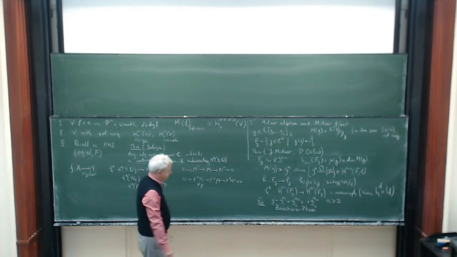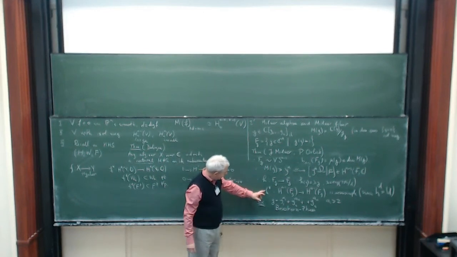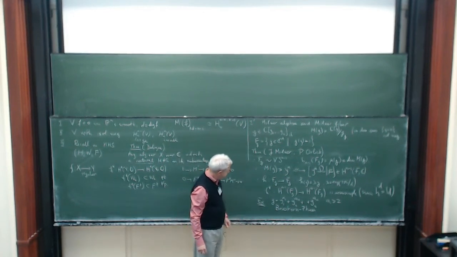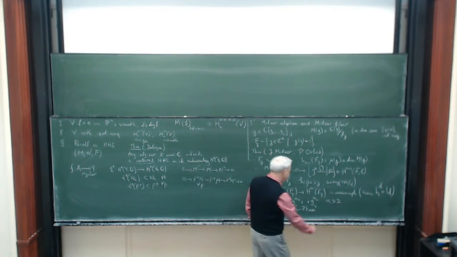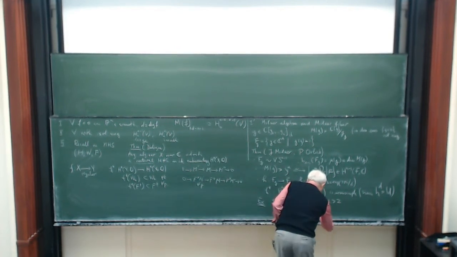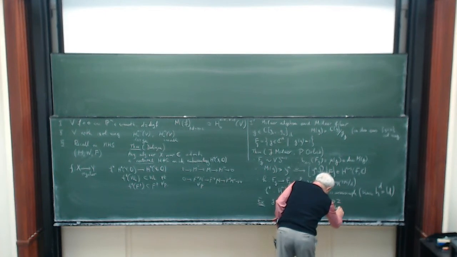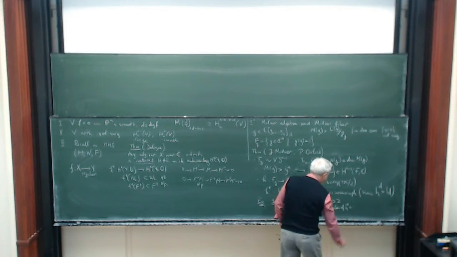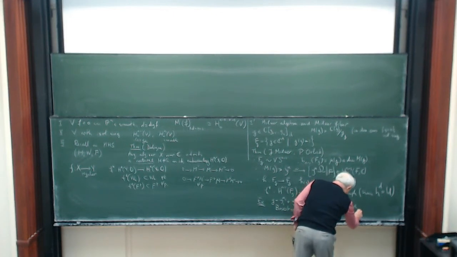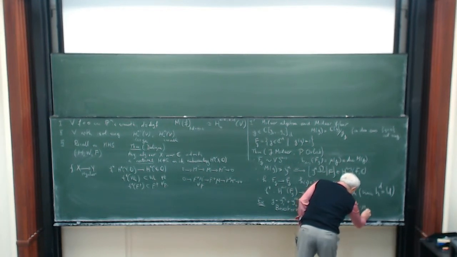And in this case, one can describe the eigenvalues of the monodromy in the following way. I will write, and then I will explain what I mean by this notation.